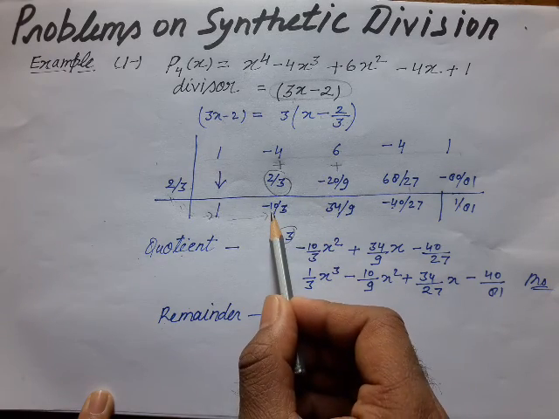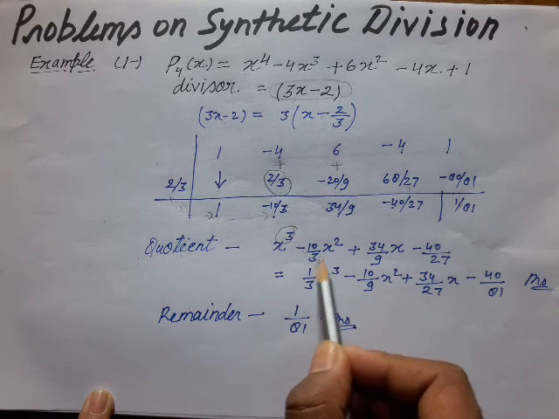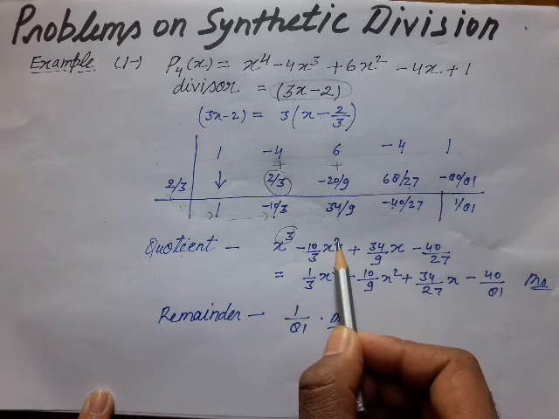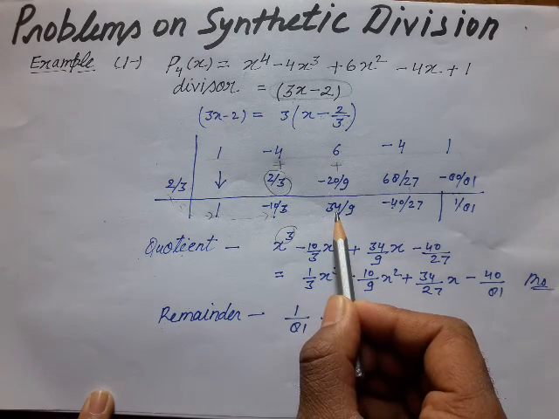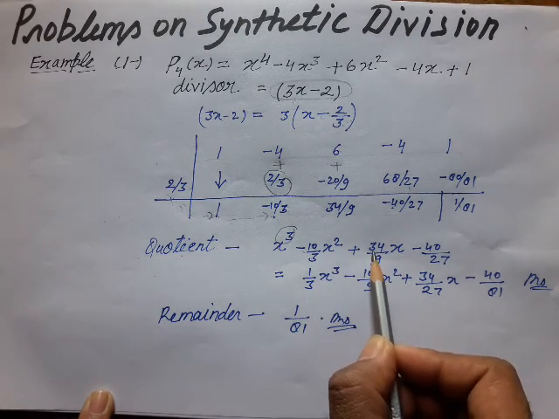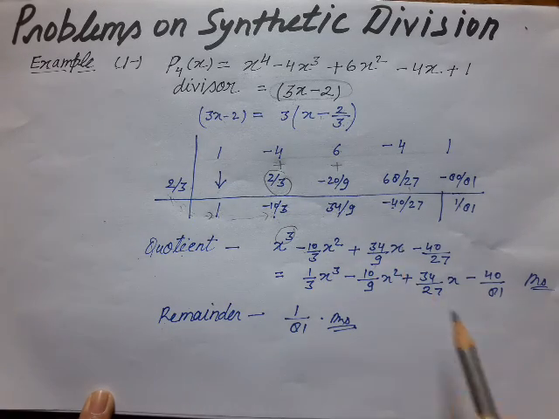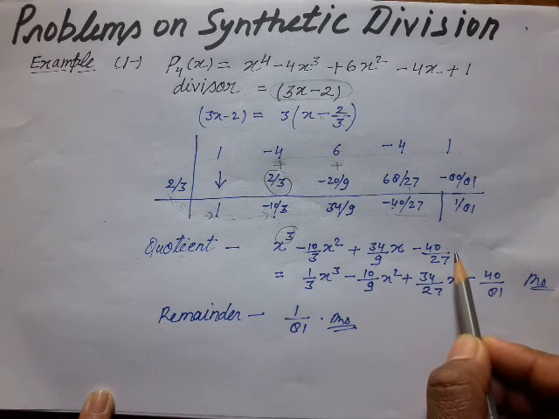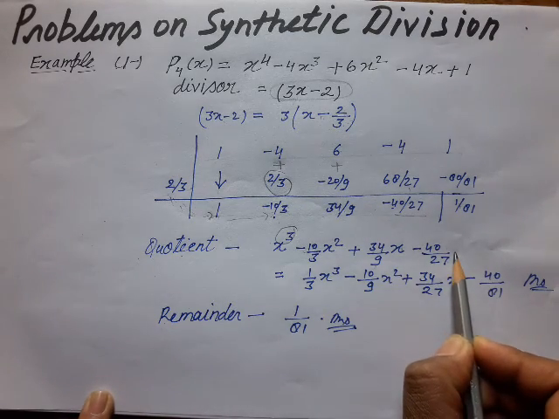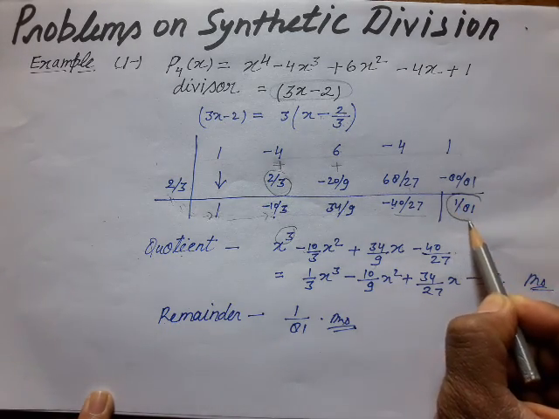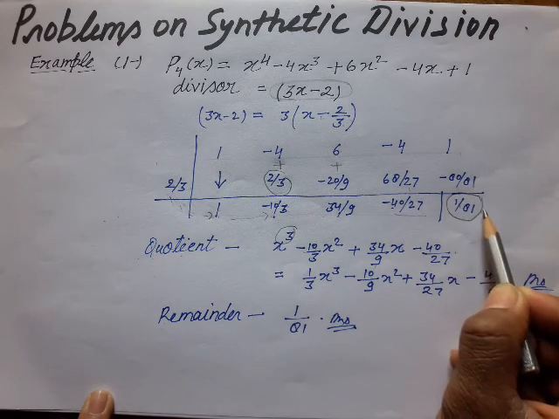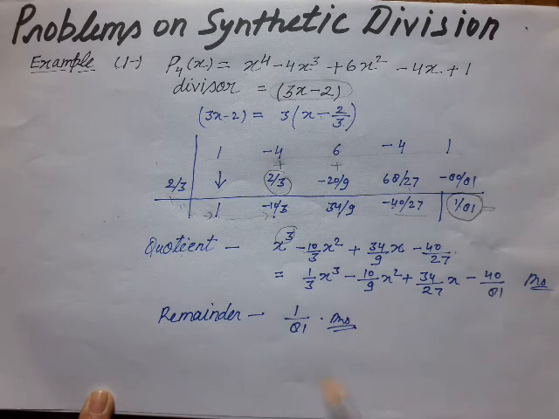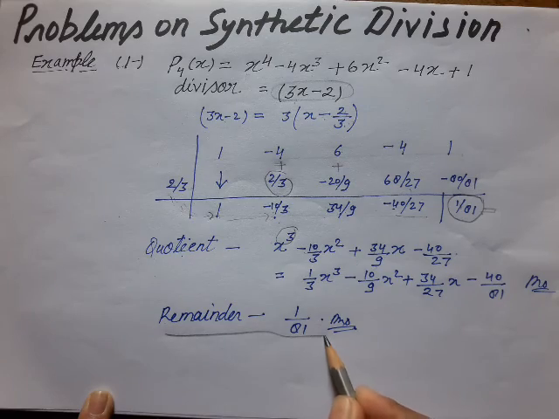The next coefficient is minus 10 by 3, with x to the power 2. The next coefficient is 34 by 9, with x, and this is our last term, which should be the constant. You can see that there is one term remaining, so this remaining term is our remainder, and we write it down here.